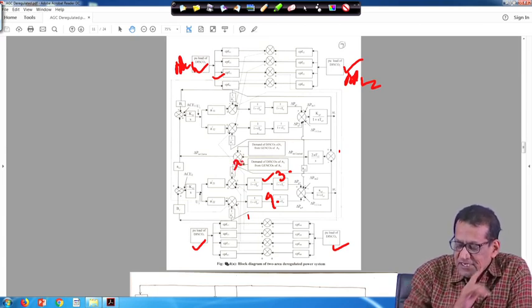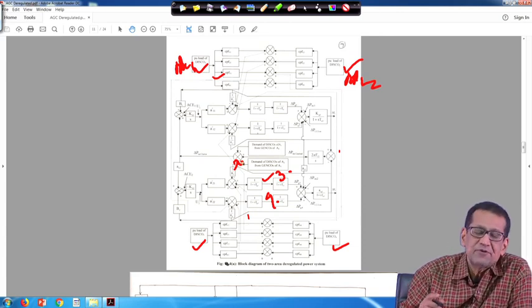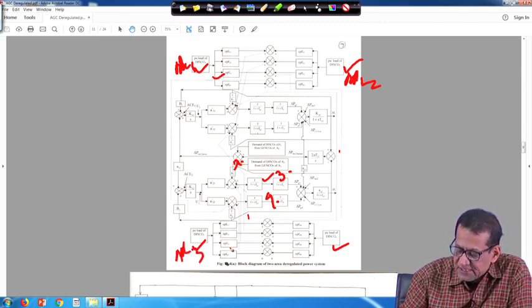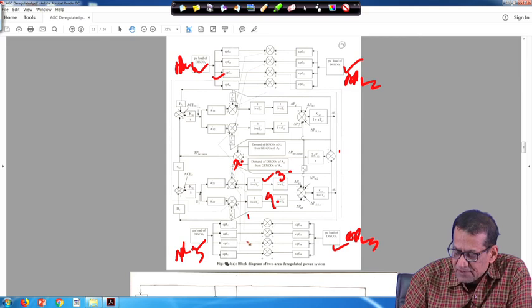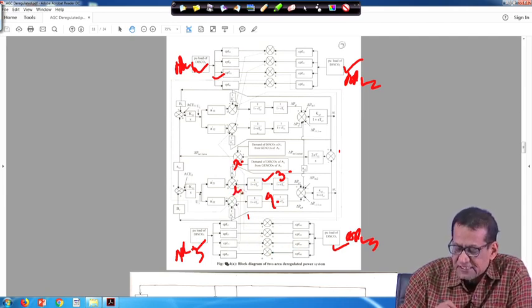And similarly, if you take now CPF33 and CPF34, this is delta PL3 and this is delta PL4. So, CPF33 delta PL3 plus CPF34 delta PL4, if you come like this, you will see that it is coming to this unit 3. Just hold on, this is coming to the unit 3.